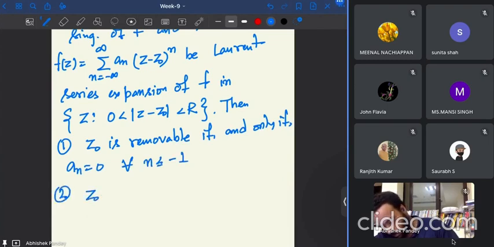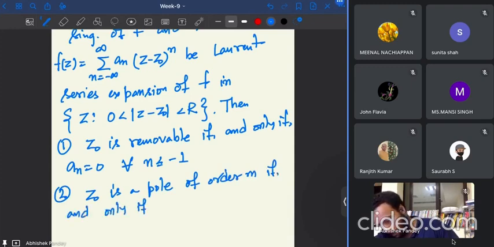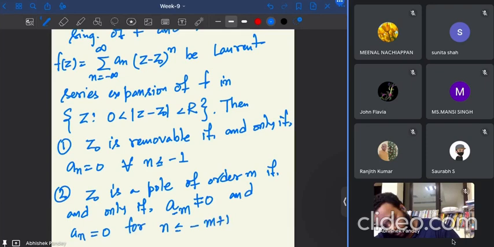Second, z naught is a pole of order m if and only if a_minus m is not equal to 0 and a_n is equal to 0 for all n less than or equal to minus m minus 1. I hope this is clear.